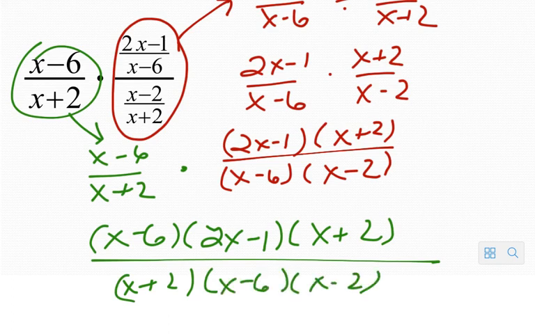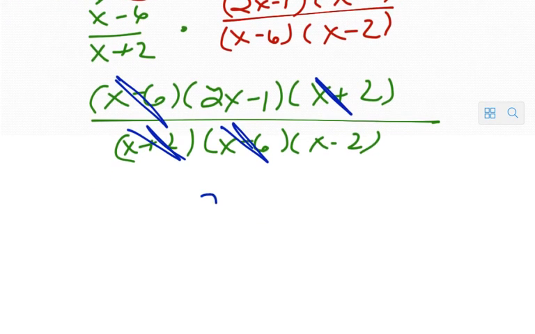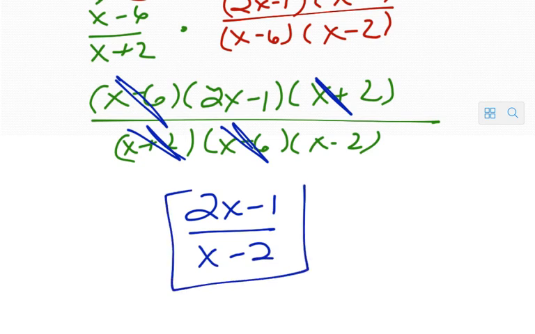And so now I can look for things to cancel. So I've got this one, and I've got this, and so what I'm left with is (2x minus 1) over (x minus 2). So from that really ugly rational expression, we have something that doesn't look too bad.